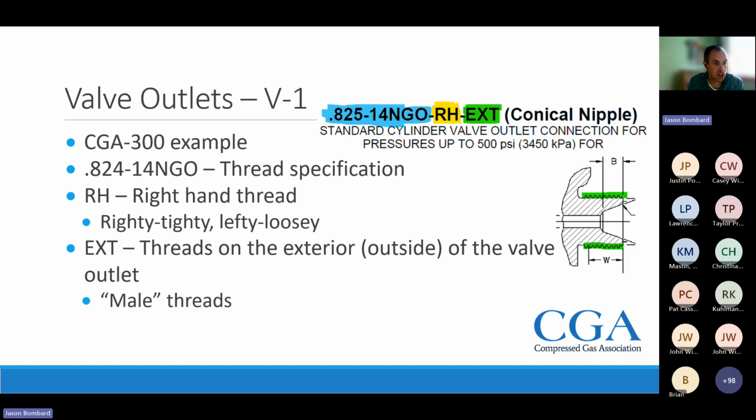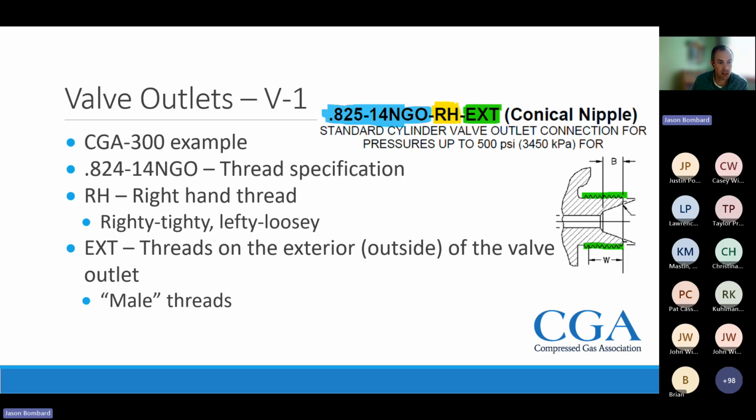Transitioning from vessels to valves, just a brief primer on what the valve outlet designations that are in V1 mean. I know sometimes we'll get questions, what's a female thread, what's a male thread, and that's all kind of explained in this lingo here.